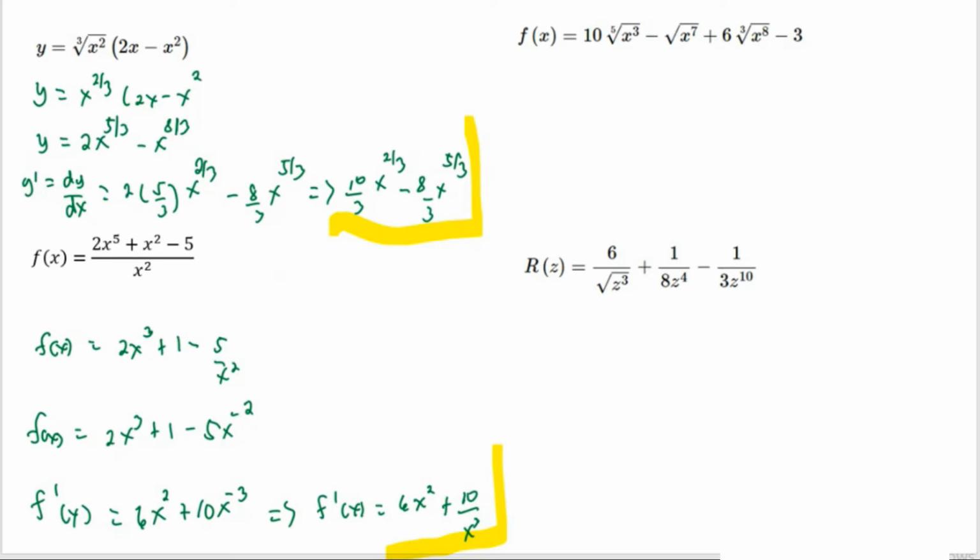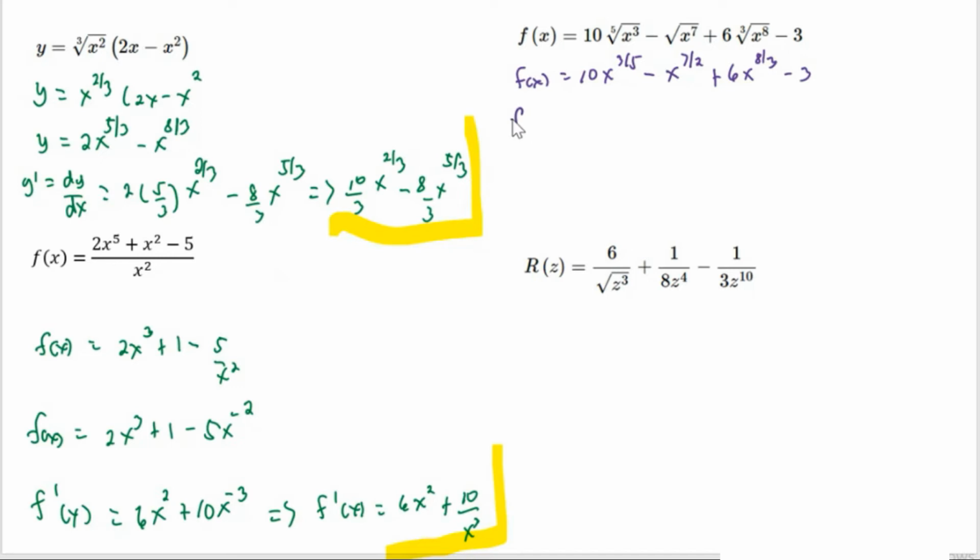So we can write now, we have f of x is equal to 10x raised to 3/5 minus x raised to 7/2 plus the next term we can write as 6x raised to 8/3 minus 3.